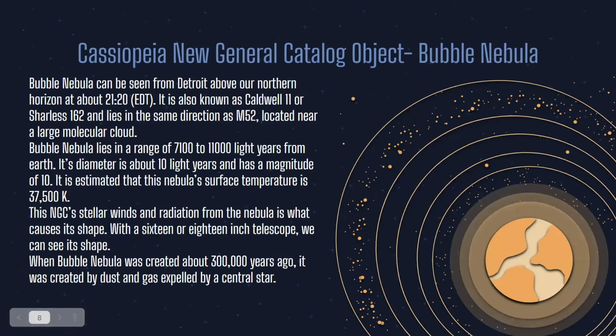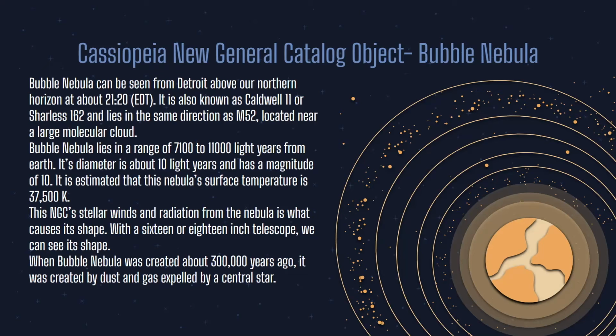Perfect. And now we have our New General Catalogue object in Cassiopeia. The one that we chose was the Bubble Nebula, which is super fun. It can be seen from Detroit above our northern horizon at about 21:20. It's also known as Caldwell 11, and it lies in the same direction as M52, located near a large molecular cloud.